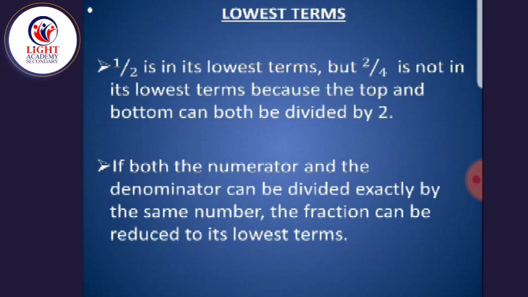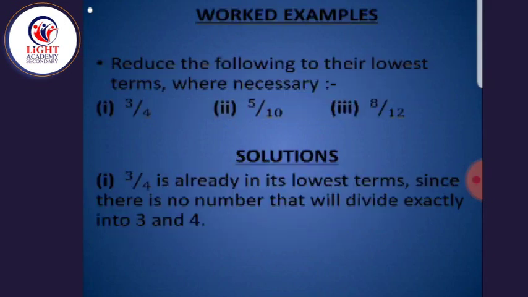We can say 2 out of 4 is not in its lowest terms because the numerator, which is 2, and the denominator, which is 4, are not relatively prime. That is, they have a common factor other than 1, which is 2. So we can say that if both the numerator and denominator can be divided exactly by the same number, the fraction can be reduced to its lowest terms.